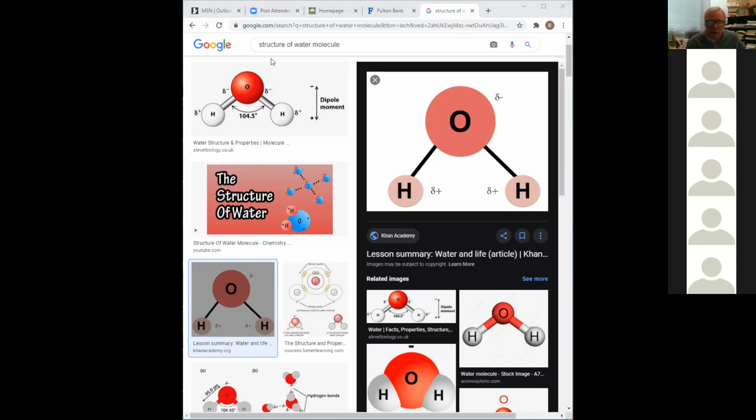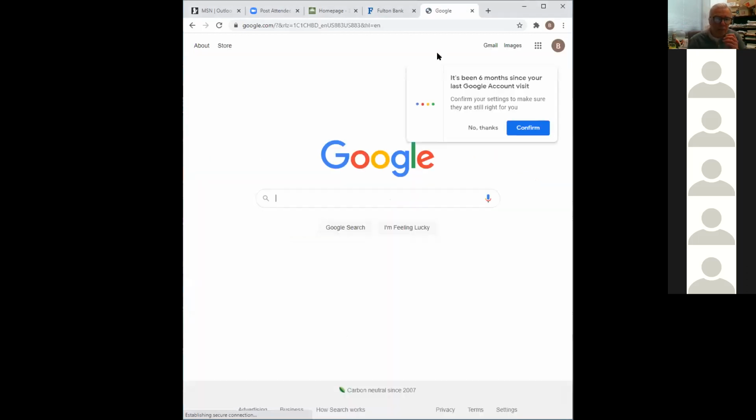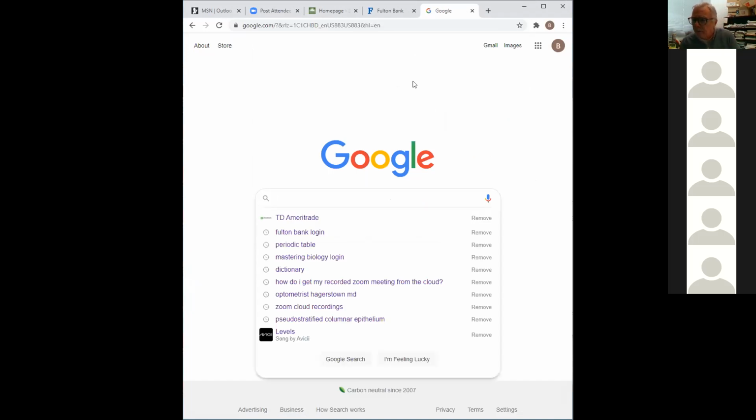Okay, so we know what water is. Let's go next to methane. The molecular formula for methane is CH. Well, it's one carbon.